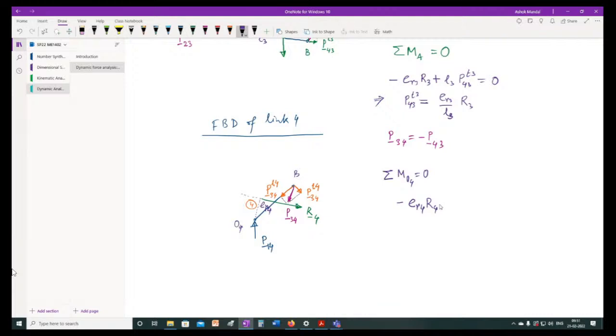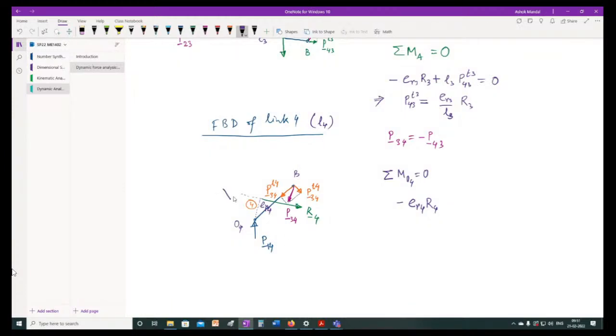And then we have this force at a distance L4. The length of the link is L4.